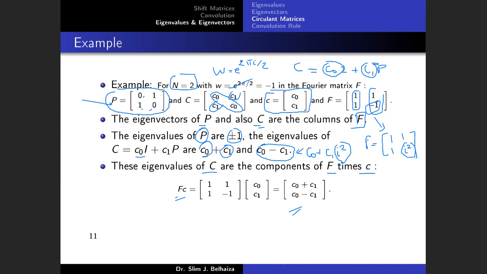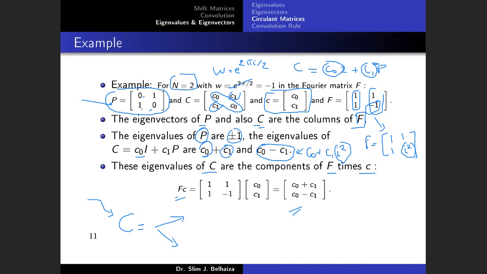Okay, so now how can one ask a question about this? Let's suppose I'm giving you a circulant matrix C, and I'm asking you to compute the eigenvalues. There are two ways to go. There is the old way, which consists in finding what, guys?